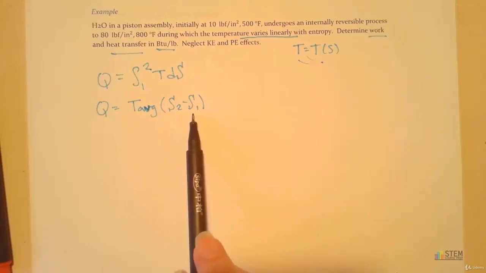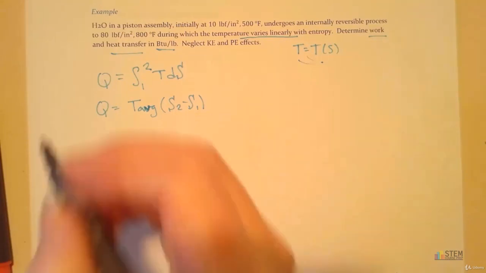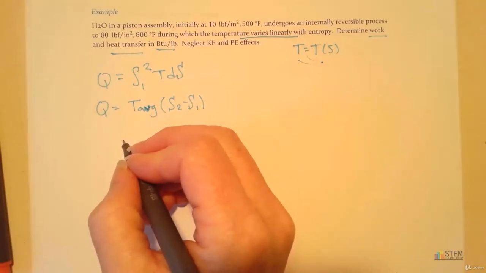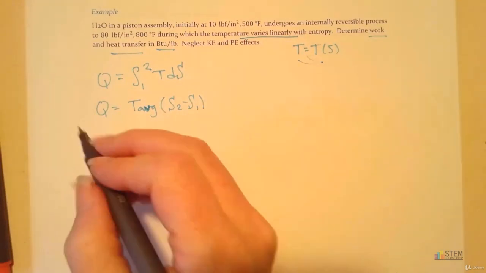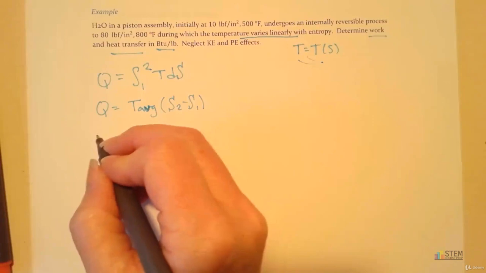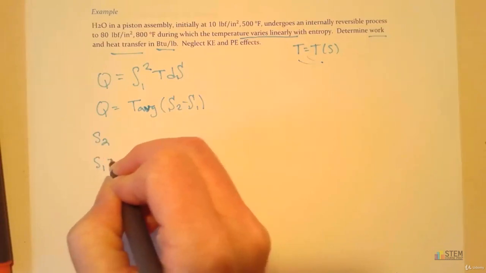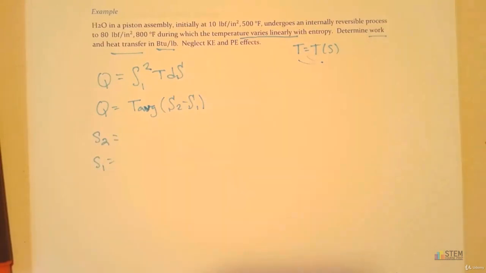Now we need to get these S values. All right. So we'll have that, and for that you have to go to the tables. So let's head on over to the tables. Let's look at S2 and then we'll look at S1. And if we do that, first let's start with the saturated water table.